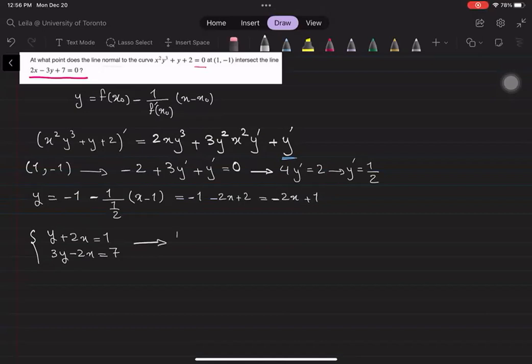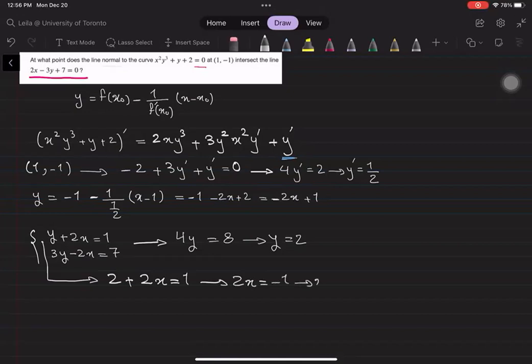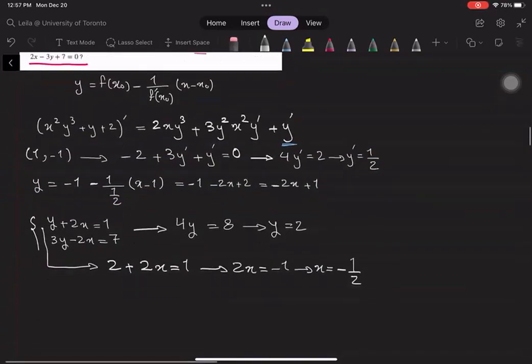Now, if you add these two equations, you get 4y equals 8, y equals 2, and then you can substitute it into any of these equations. So I'm just going to use the first one. So you have 2 plus 2x equals 1, 2x equals minus 1, x is minus 1 over 2. So the point where those two intersect is minus 1 over 2 and 2.